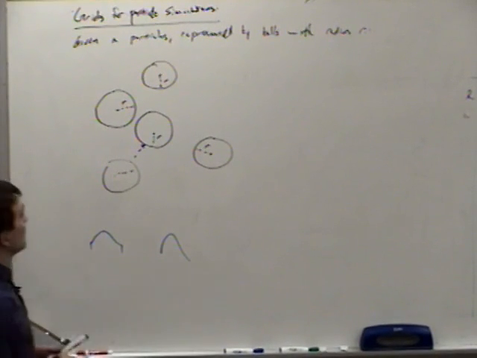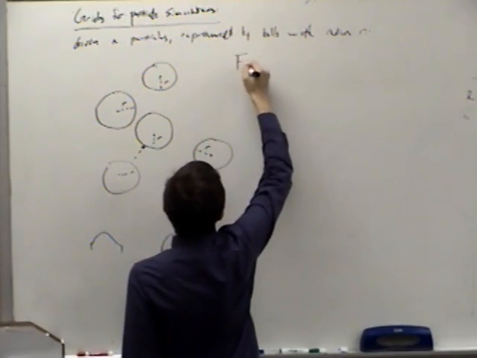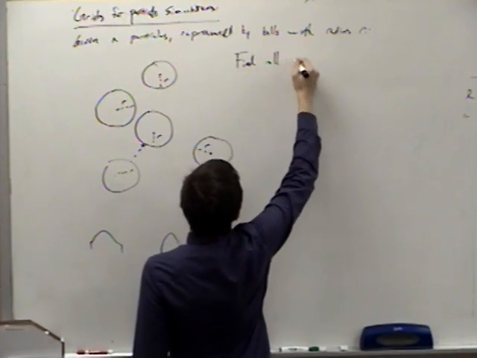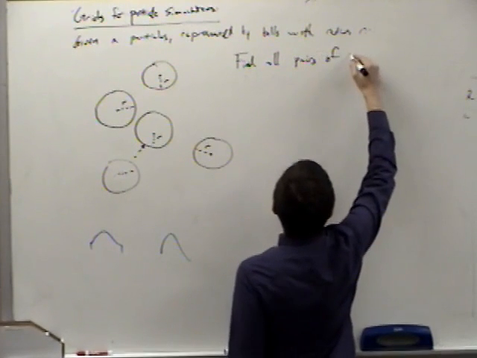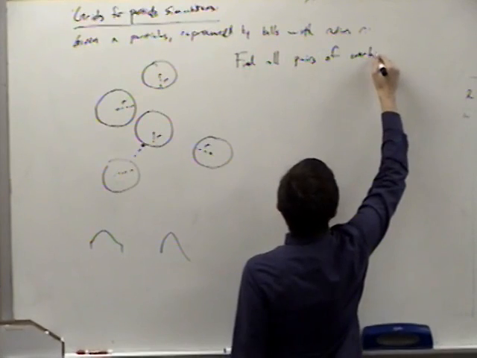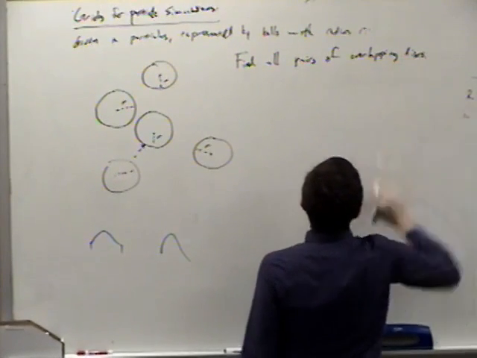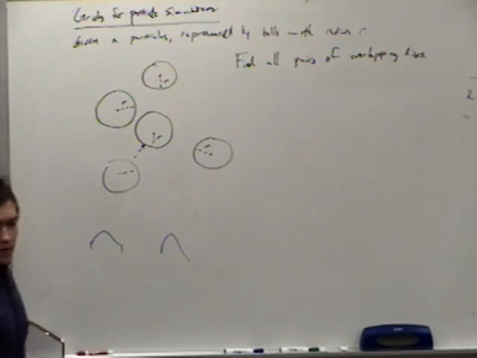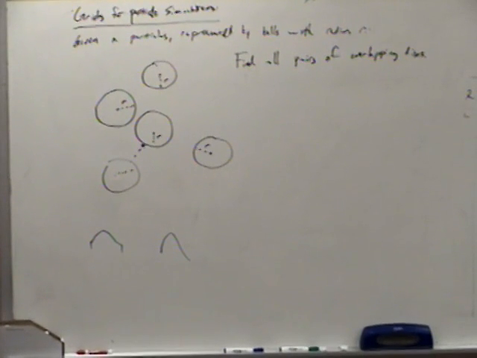So the geometric problem, though, is just: find all pairs of overlapping disks. This problem shows up all the time in computer graphics. For lots of geometric simulations, you would like to do this.